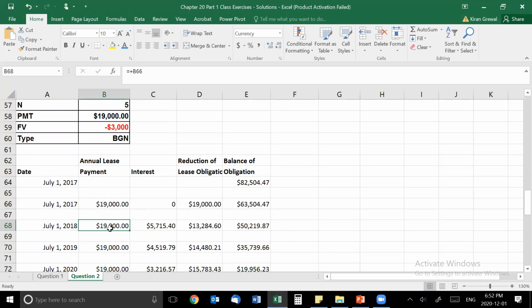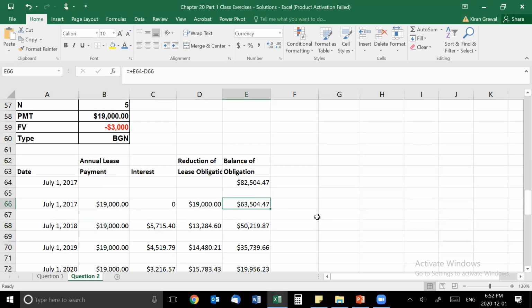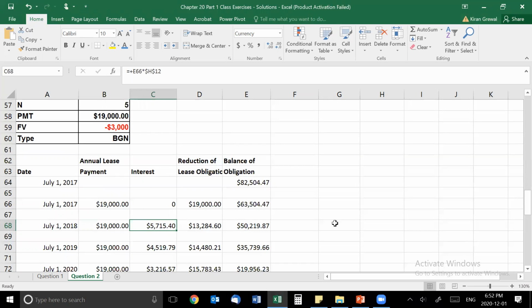Then the next year, we also have a lease payment, but we can start doing the interest. So for your interest, you take your I, whatever your interest rate was in your present value, and multiply it by the balance in the lease obligation, with the 63,505 times the 9% gives you 5,715. 19,000 minus 5,700 gives you 13,000. 63,000 minus 13,000 gives you 50,000.